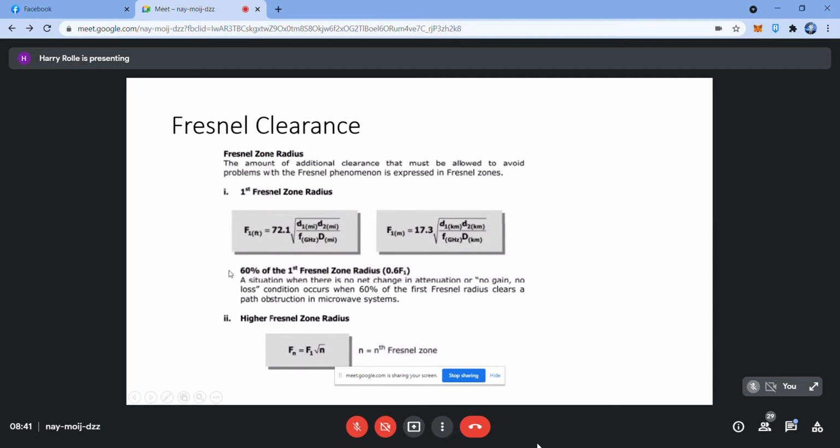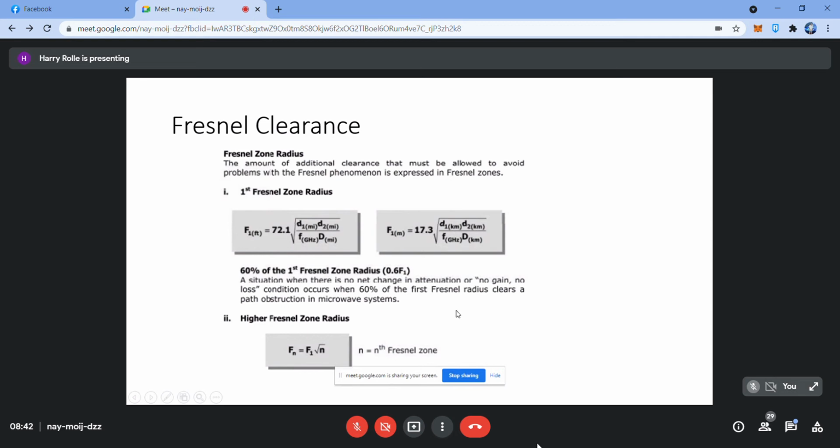So kung sabi dito, 60% of the Fresnel zone radius or 0.6 F1, a situation where there is no net change in attenuation, no gain, no loss condition, occurs when 60% of the first Fresnel radius is clear of obstruction in a microwave system.